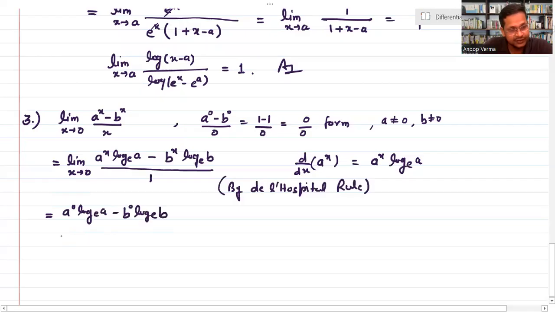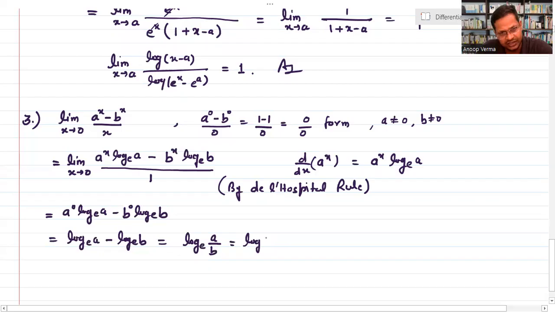Okay, and simply it is 1, so it will be log to the base e of a minus log to the base e of b, and from here you can write log to the base e of a upon b, or simply you can say this is log a upon b.